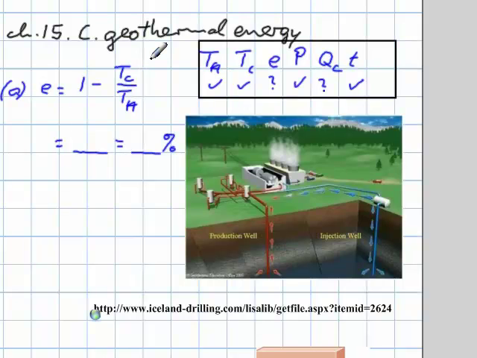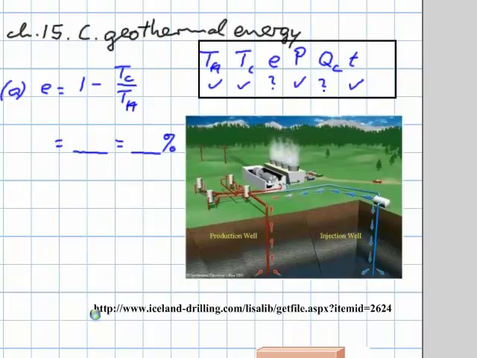That gives us the decimal, and then move the decimal point twice over, and we come up with the percentage. Of course, our temperatures both have to be in kelvins. They already are in that problem, but be aware if you get a problem that gives a temperature in Celsius, you have to convert that first, because you need absolute temperatures: kelvins in the metric system and Rankines in the American system.